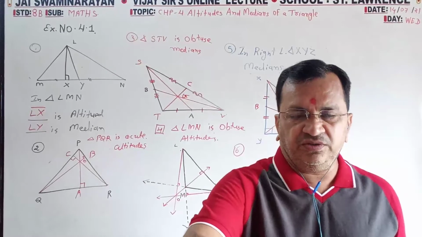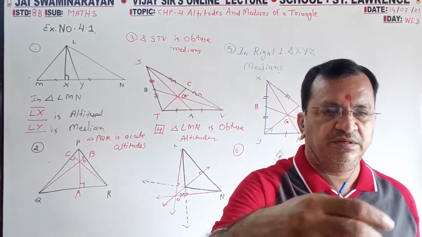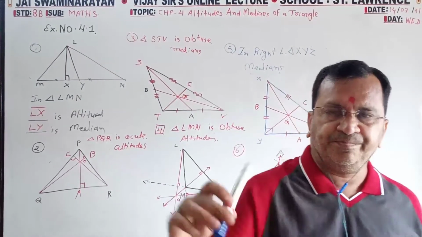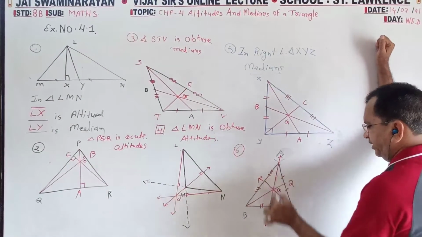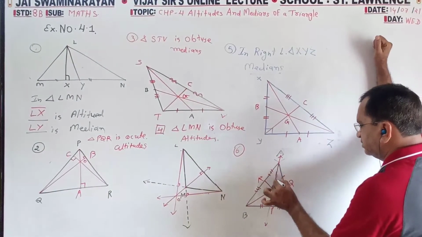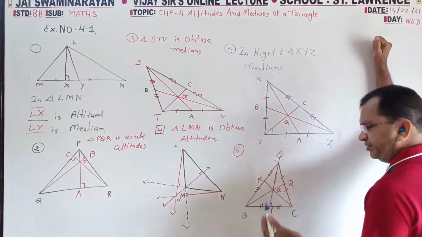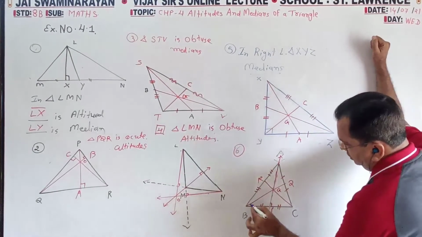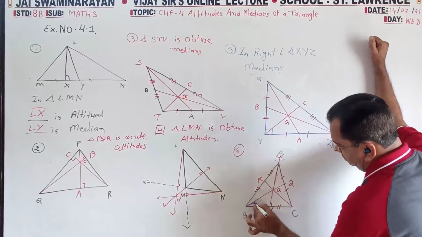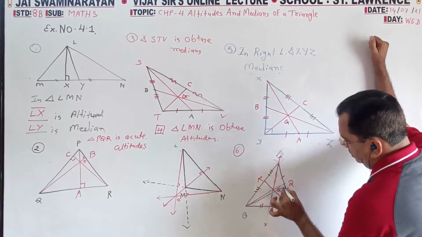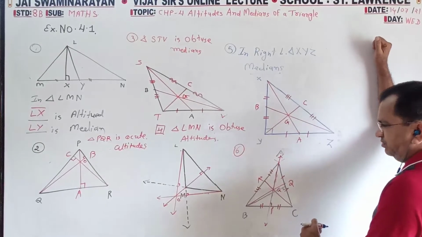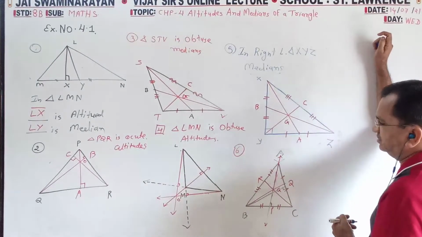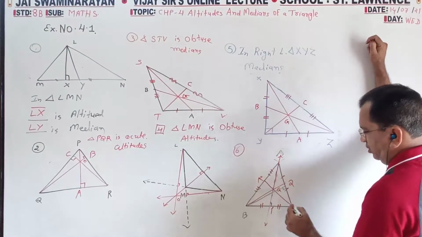Now we will draw the altitude. So one altitude itself is this. Altitude and median are common. Now for this, it is perpendicular. The perpendicular will come slightly down if the two equal sides of the isosceles triangle are longer.